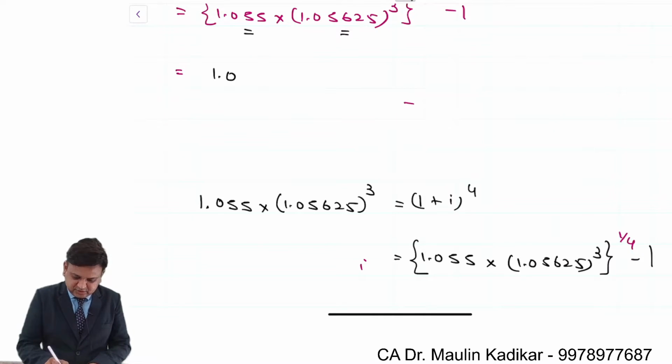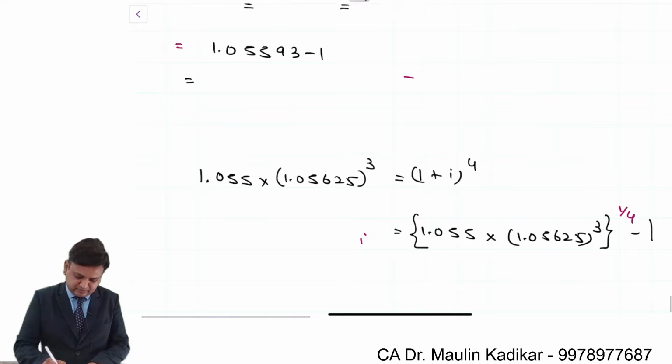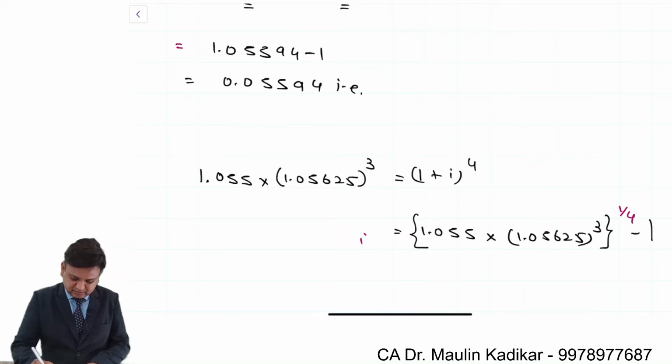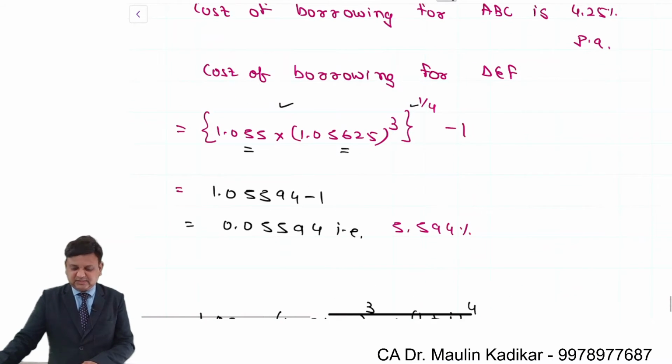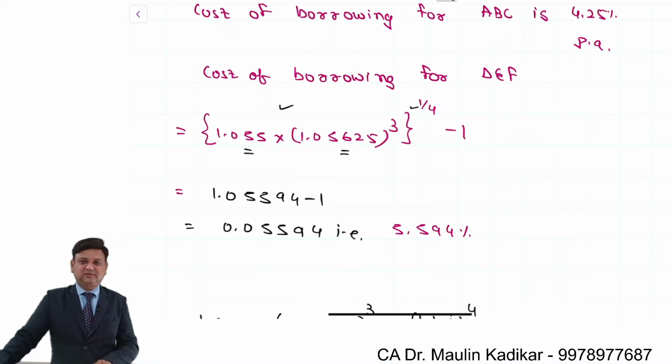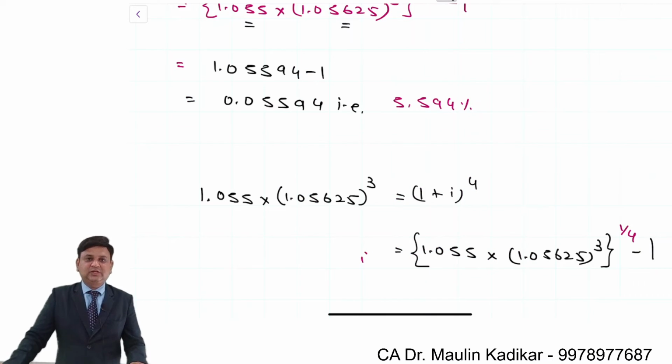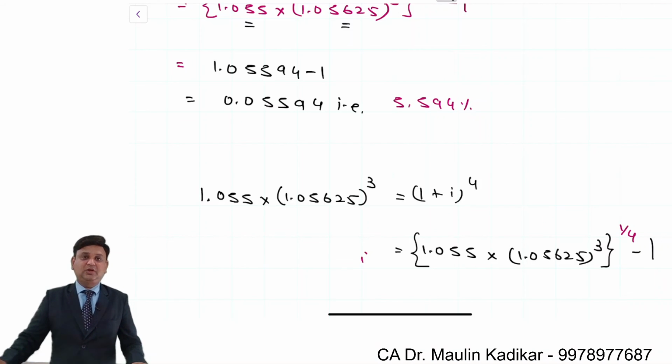So 1.05594 minus 1, 0.05594, that is 5.594%. This is the way we will have the rate of interest. So the effective cost to the company is 5.594% on annualized term.